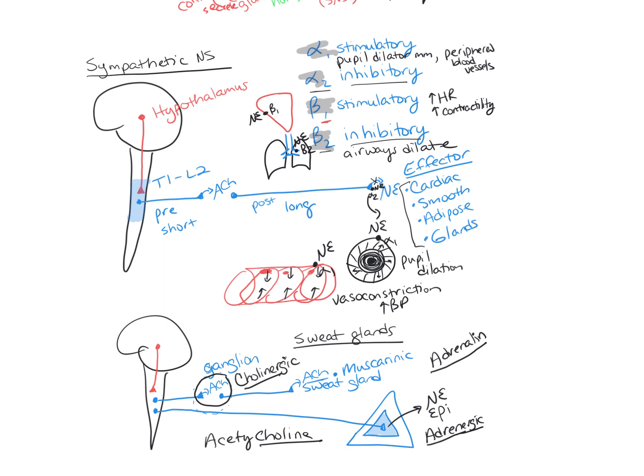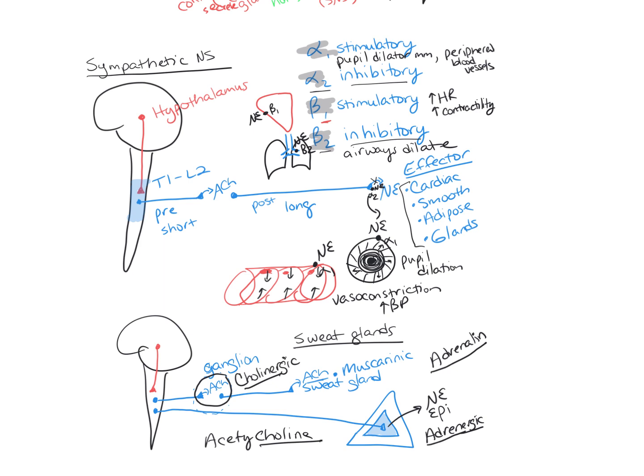A beta-1 agonist would activate the beta-1 receptor, so it would increase the heart rate and the contractility of the heart. And a beta-2 agonist would inhibit the contraction of the smooth muscles in the airways, so the airways would dilate. That's what an agonist would do.